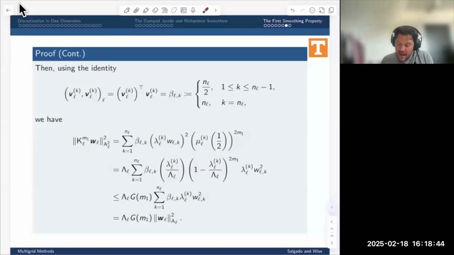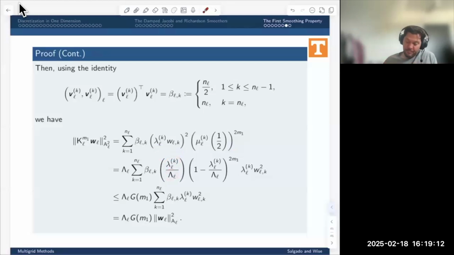Let's make sure that's right. Yeah, that's exactly right. Now what I've done here is I've taken one of these factors and moved them out. So that's where this comes from. And so now notice that I have just one factor of the usual eigenvalue for the stiffness matrix divided by the spectral radius.